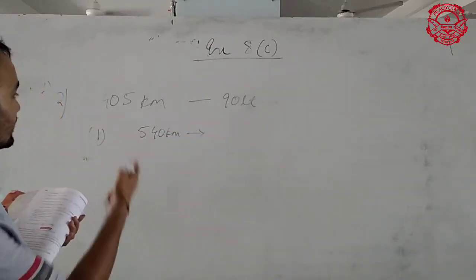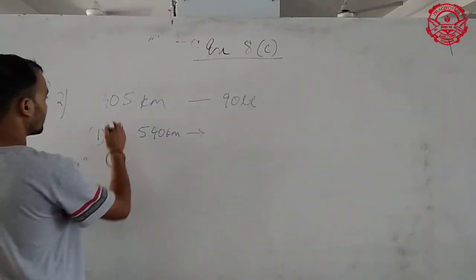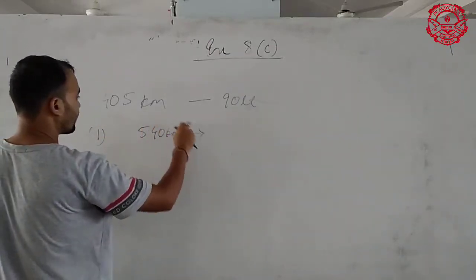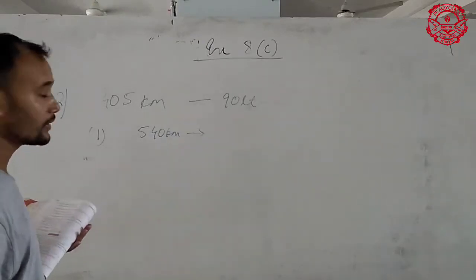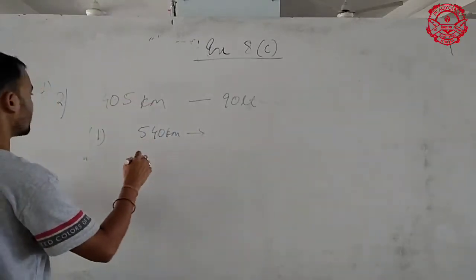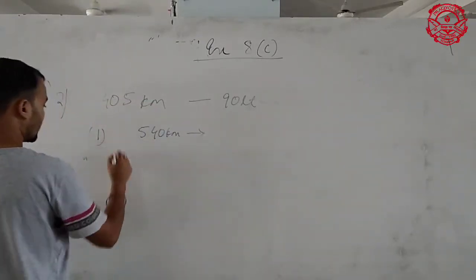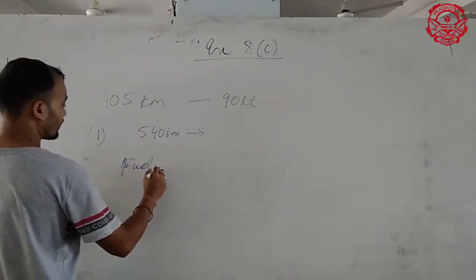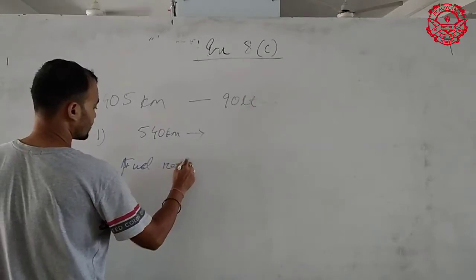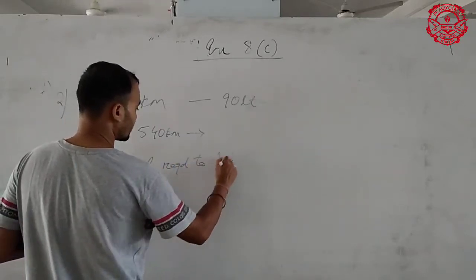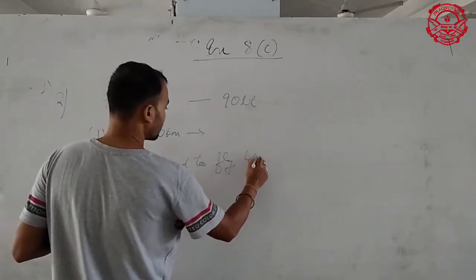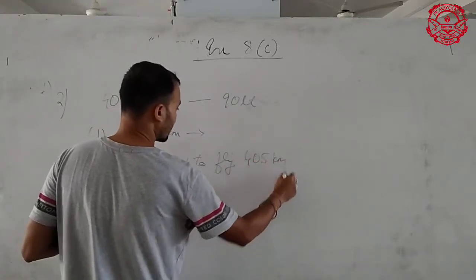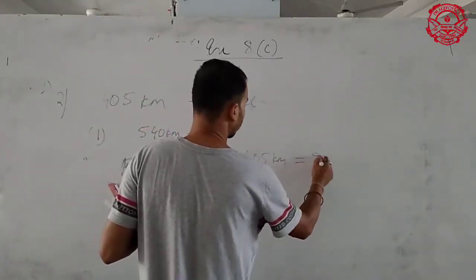The same way, you calculate the amount of fuel the plane will require to fly 1 kilometer. Fuel required to fly 405 kilometers is equal to 90 liters.